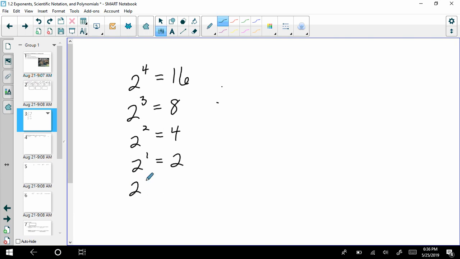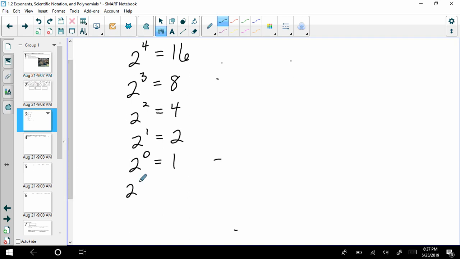So if I asked 2 to the 0, look at the pattern we've developed. Every time I decrease the exponent, it's like I'm dividing by 2. So 2 divided by 2 is 1. Anything to the 0 power is 1.